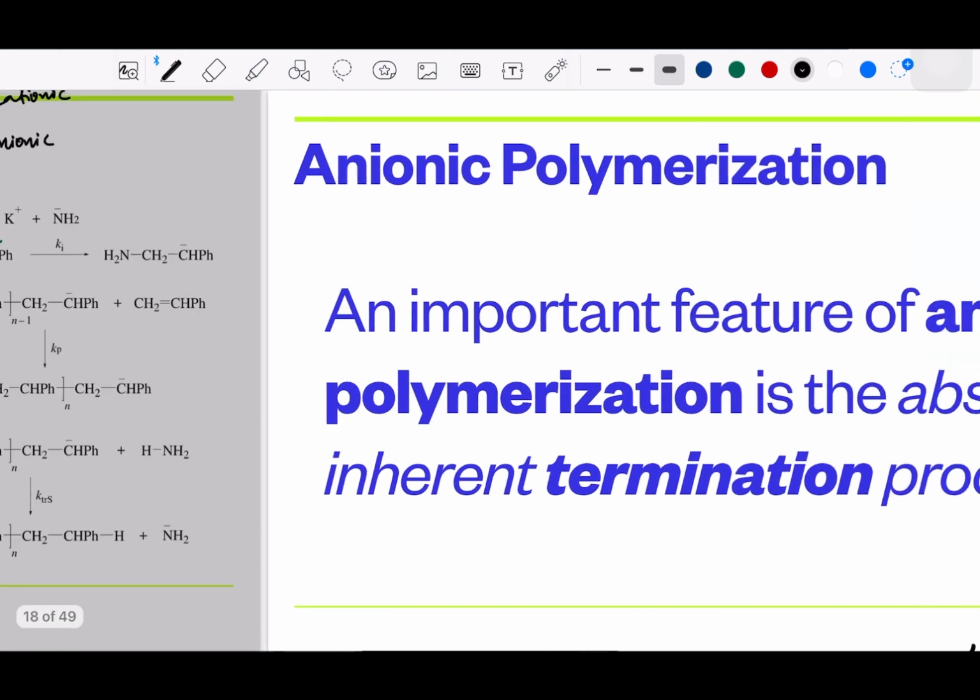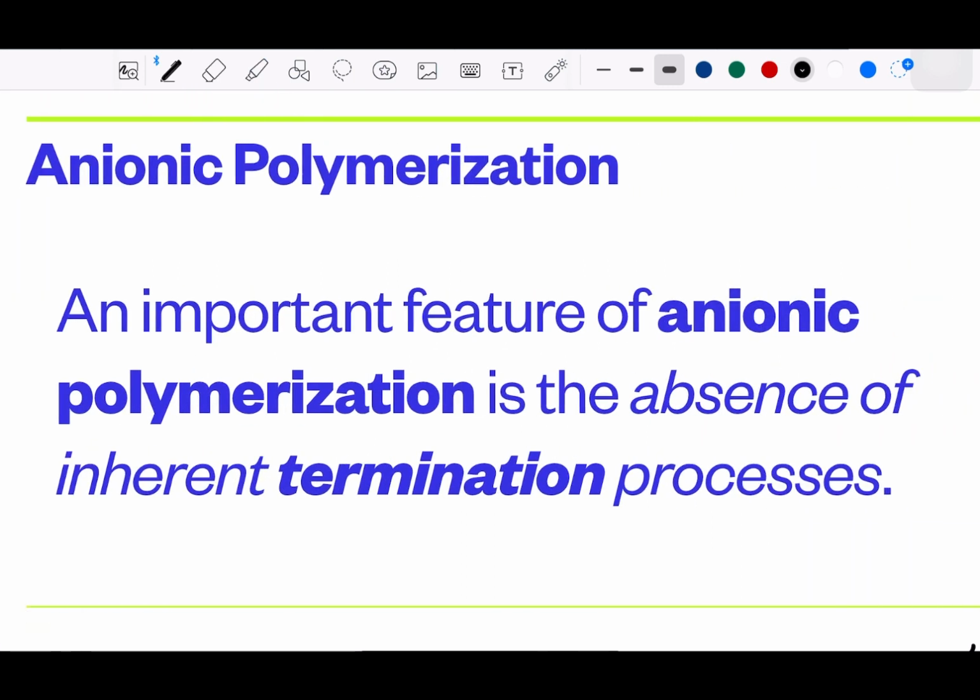So we can consider that one of the important features of anionic polymerization is that it does not have an inherent termination process. Like in the previous example, if we didn't put the reaction in the solvent, then the chain transfer would not occur and the polymerization would still be happening. So it is going to be a reaction without any termination.